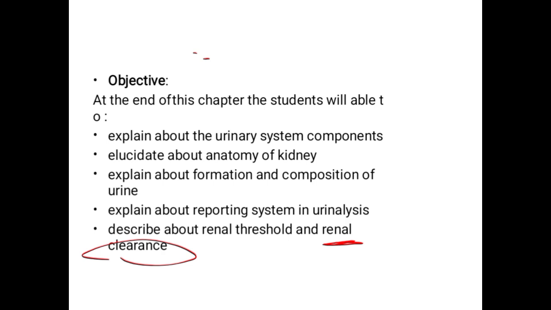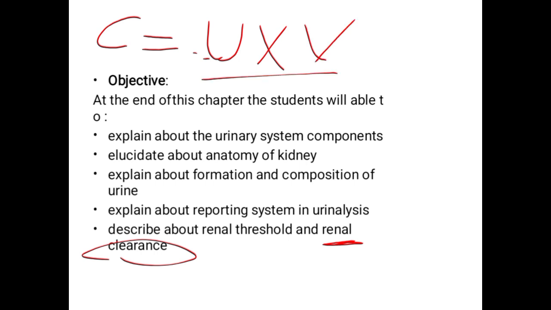This is the formula. The formula of renal clearance is C equals U times V divided by P.